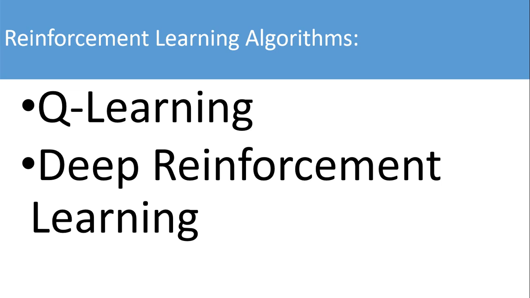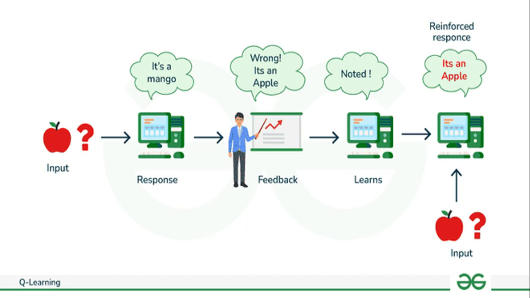Reinforcement learning algorithms: Q-learning, deep reinforcement learning. Q-learning: we input a tomato, response.